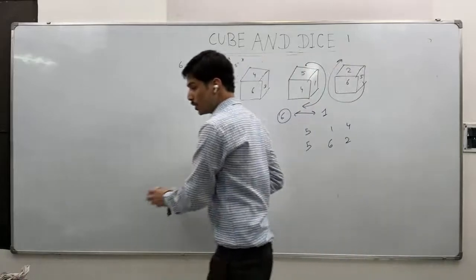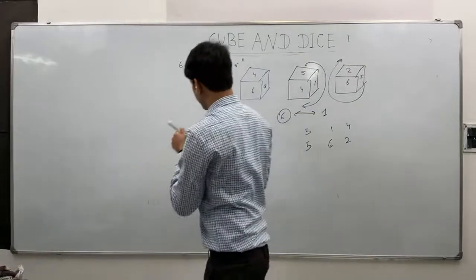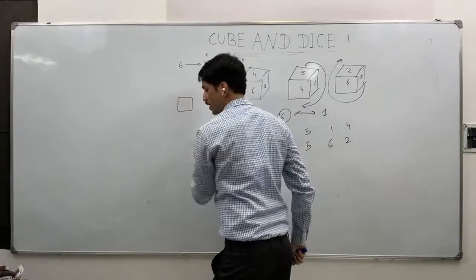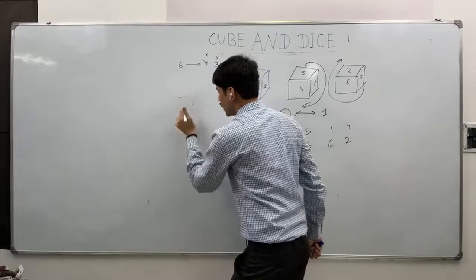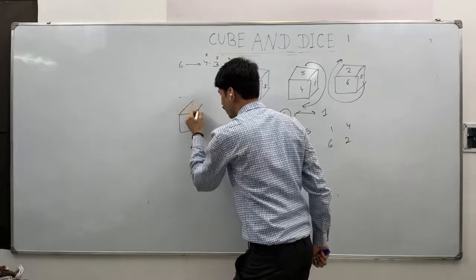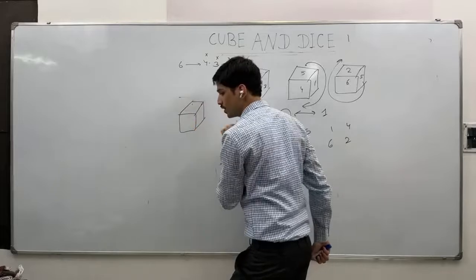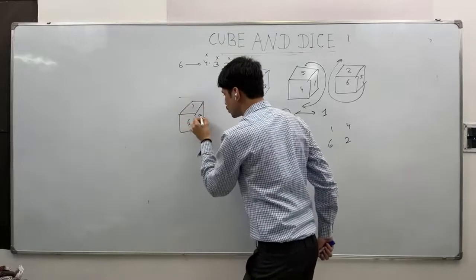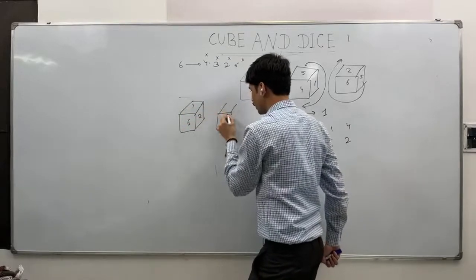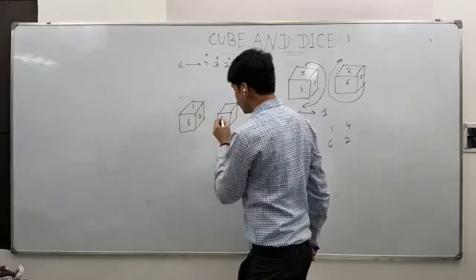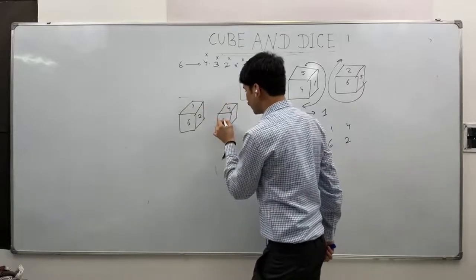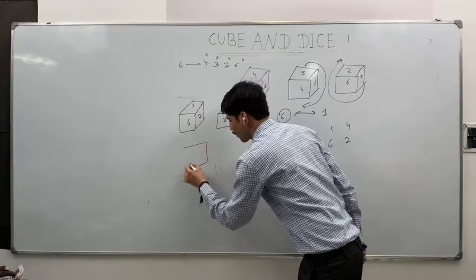Okay, I'll give you 4 cubes now, and then I'll ask the question. Let's say this one is 1, 6, 2. Then I have 4, 3, 5, 2.